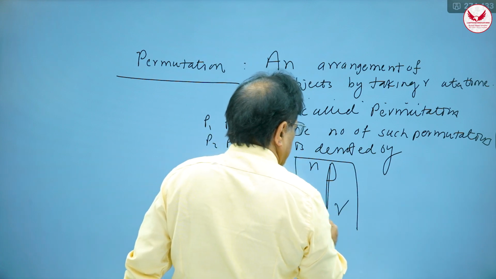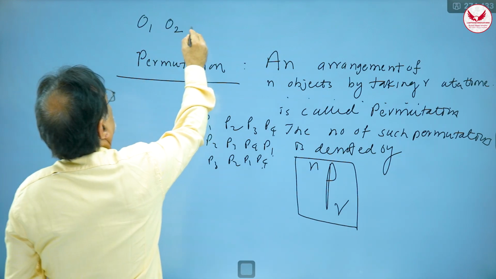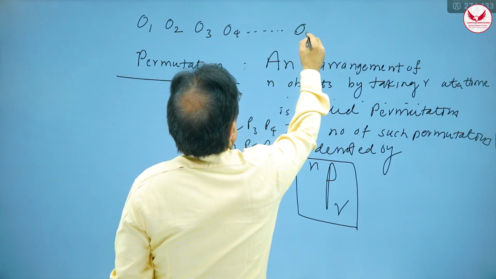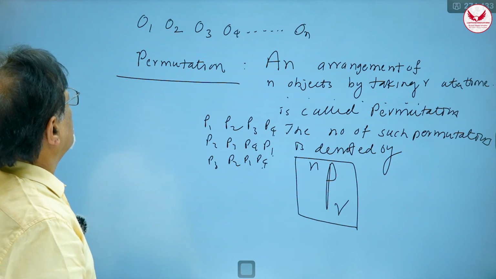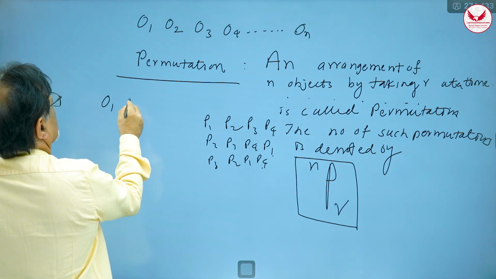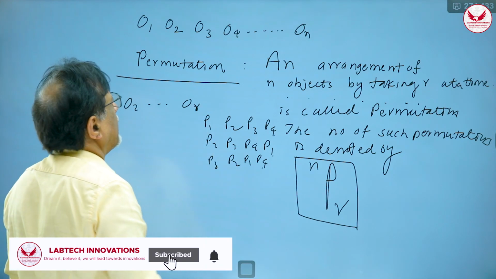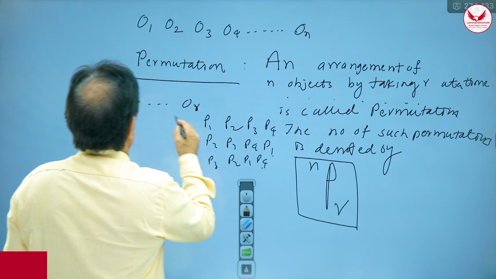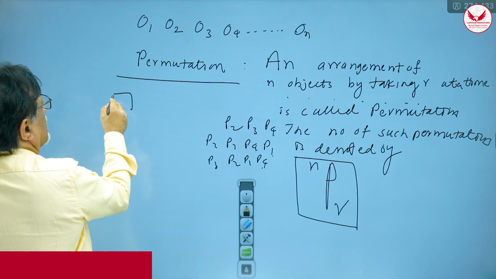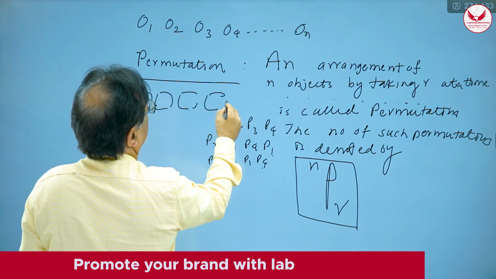Okay. So nPr is what? If there are n objects I have, say object number 1, object number 2, object number 3, object number 4, like that, up to object number n, so there are n objects. But I am not using all of them. I am just using, say, r number of objects, O1, O2, up to Or. Taking r objects actually means I am filling up r places: 1, 2, 3, 4, 5, like that.